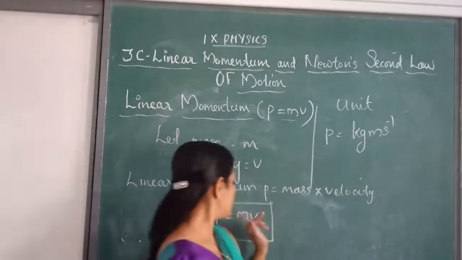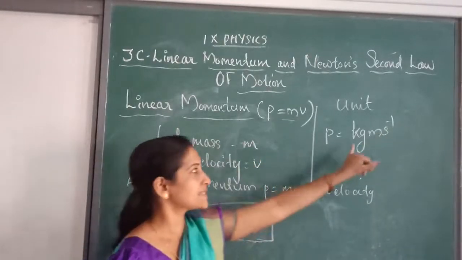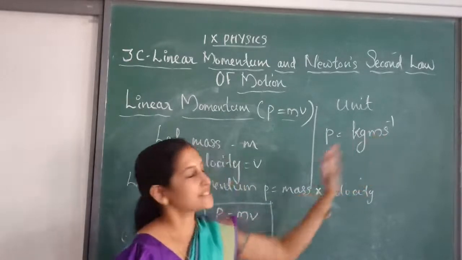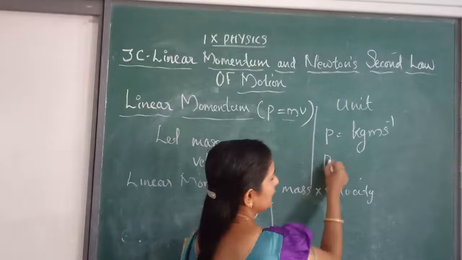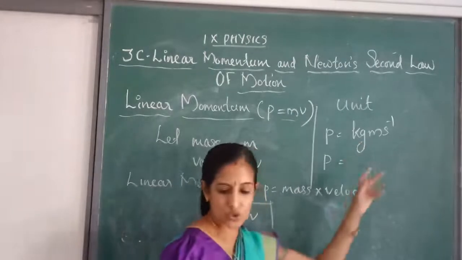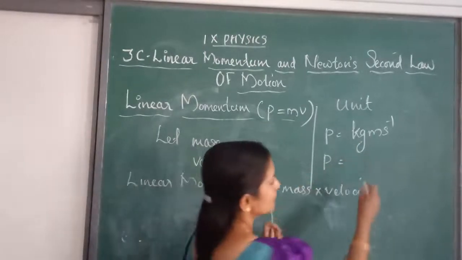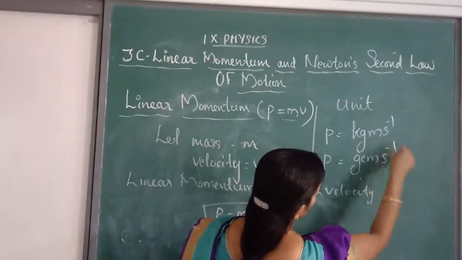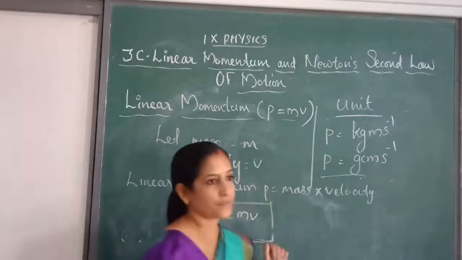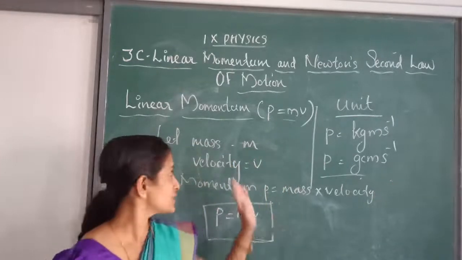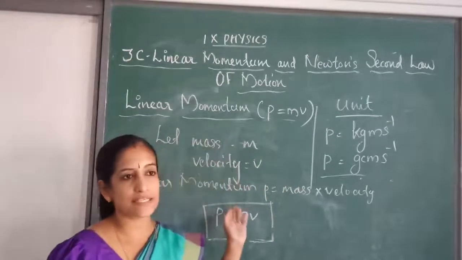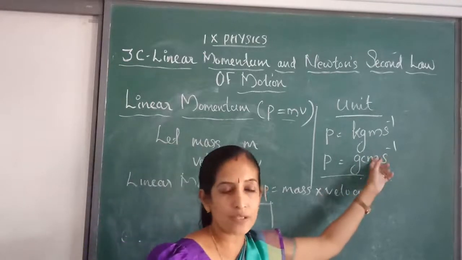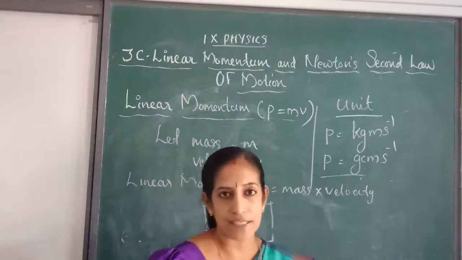Momentum unit is kilogram meter per second in SI unit, and in CGS unit kilogram will change to gram and meter will change to centimeter. So this is the unit of momentum. So this much I hope you understood. First we discussed what is linear momentum, the equation of linear momentum, and the SI unit and CGS unit of linear momentum.